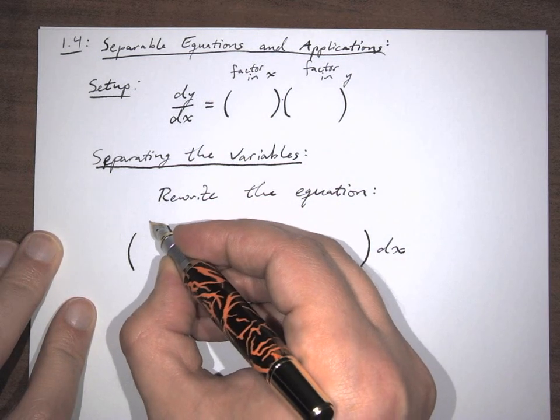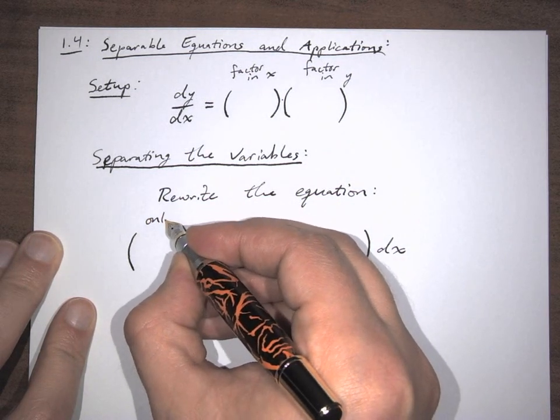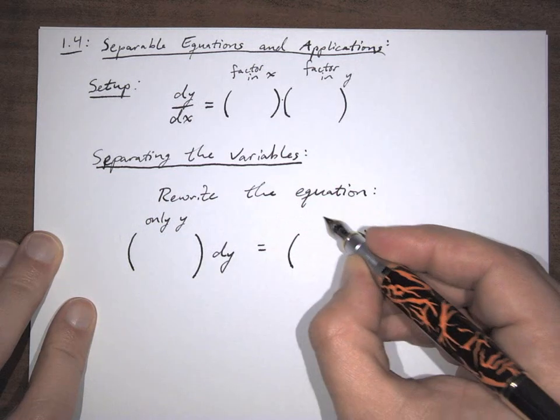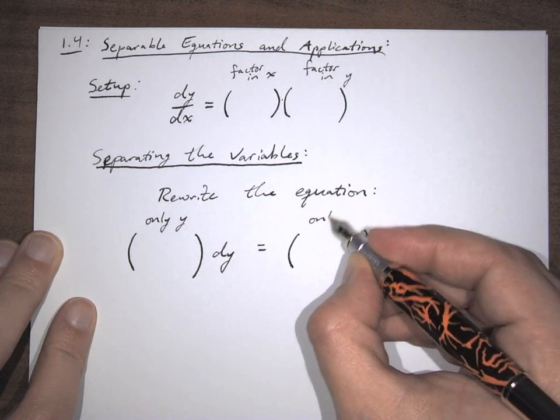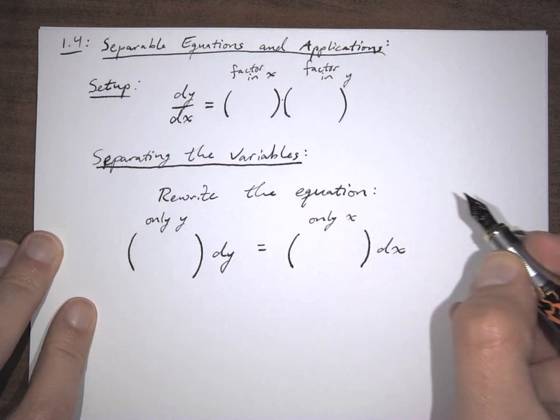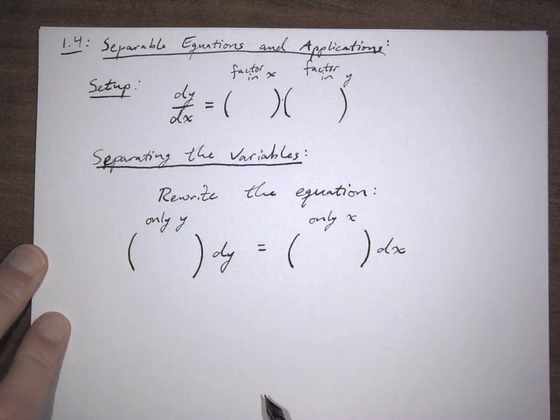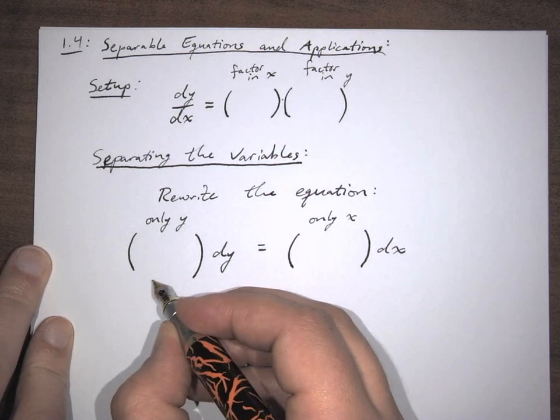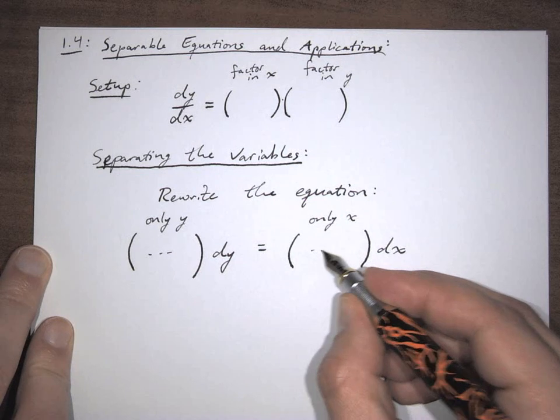So again, this only has a y and this only has an x. So we got something over here, something over here.